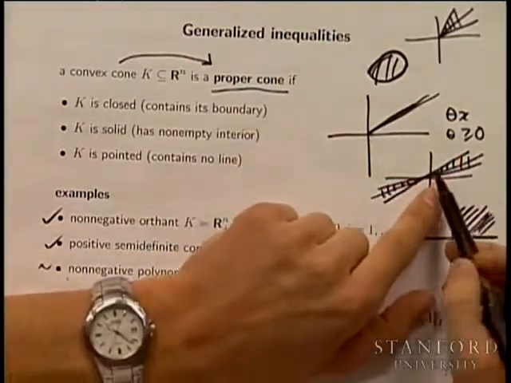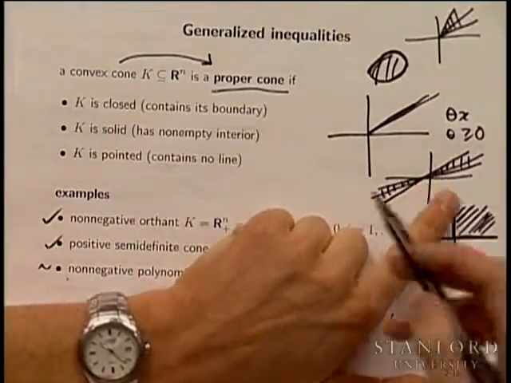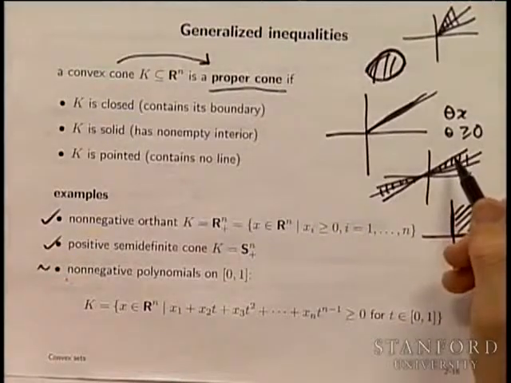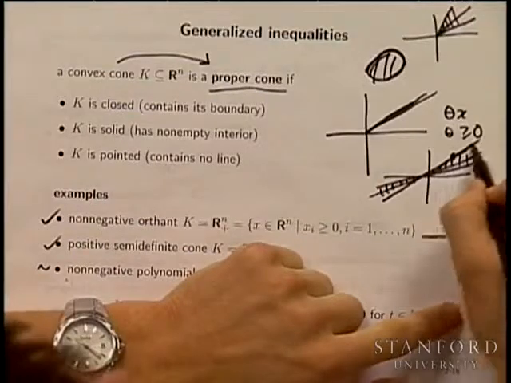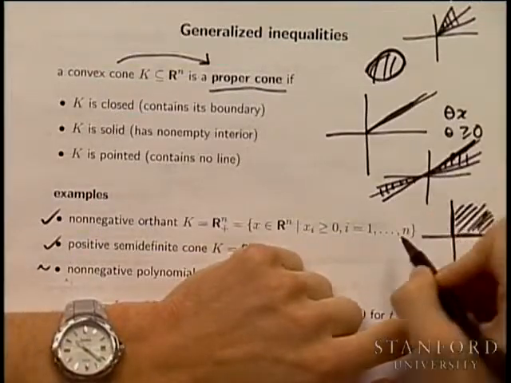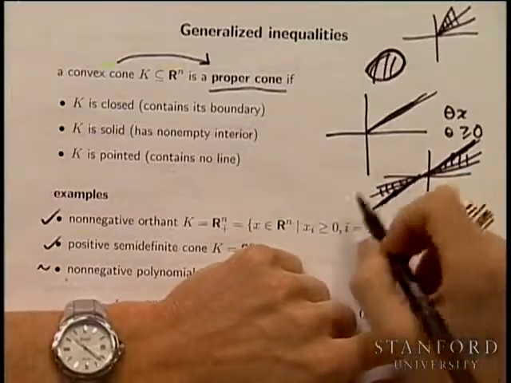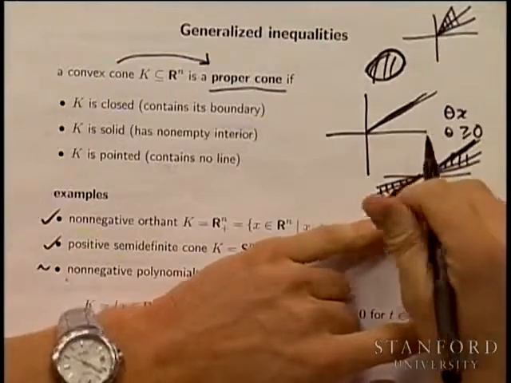So I pick any point in here, and I scale it with a linear factor, and it's still in the cone, right? I pick this point here, I can scale it positively, and it's still in the cone, and that traces out this area. I pick this point here, I scale it positively, I stay in this area. So you can't find me a point which won't scale and remain in the cone.